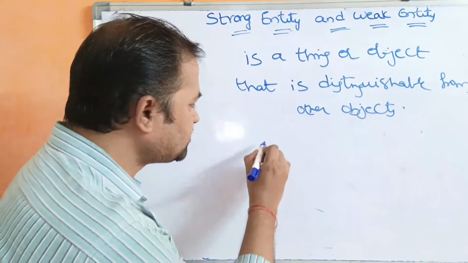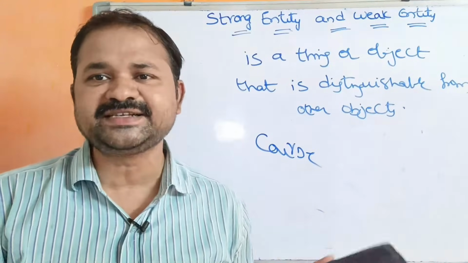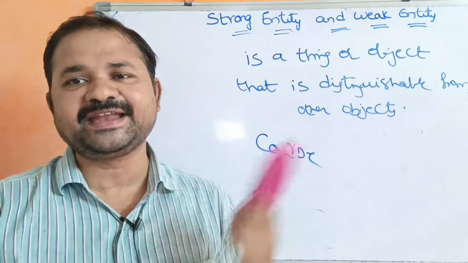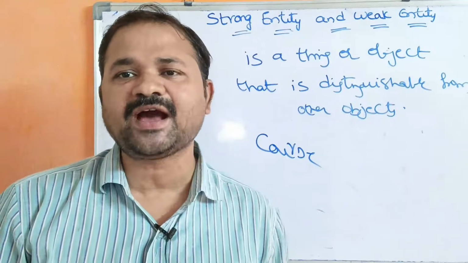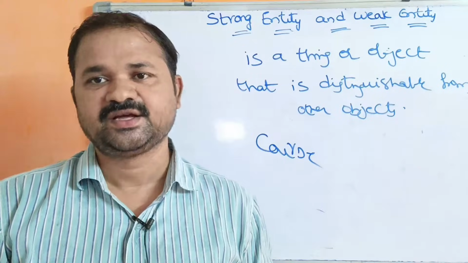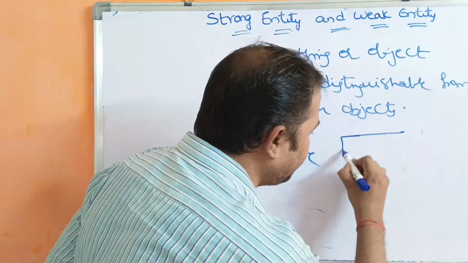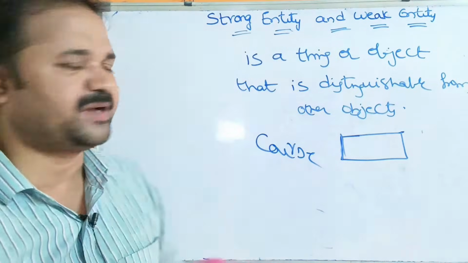Course is also an entity, but it doesn't have any physical existence. Entity is always represented by a rectangle symbol.